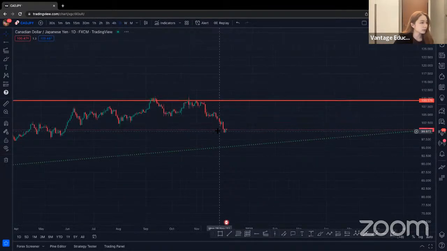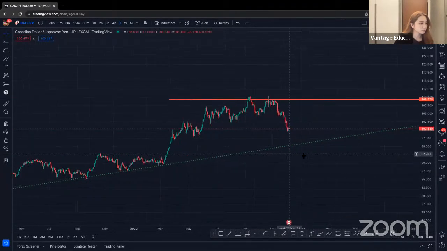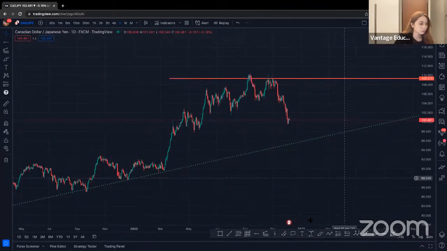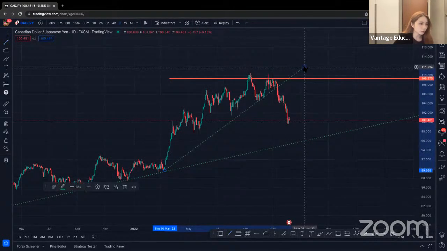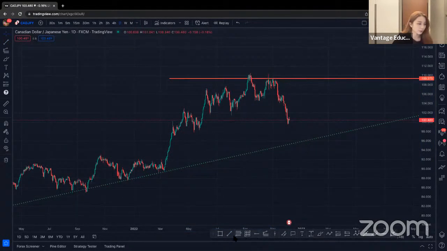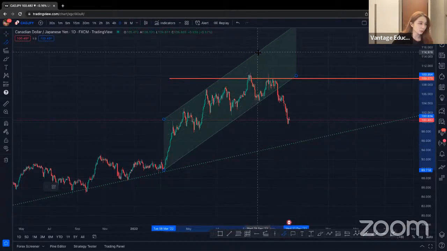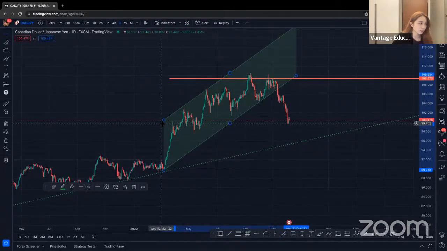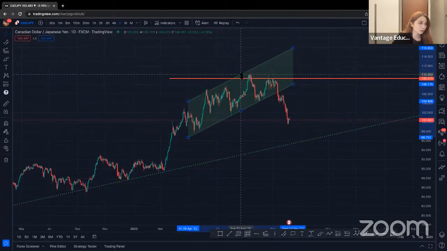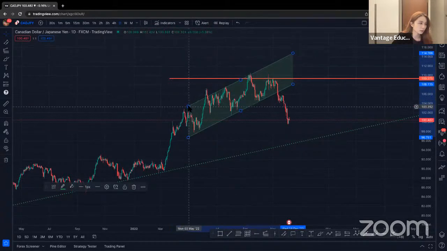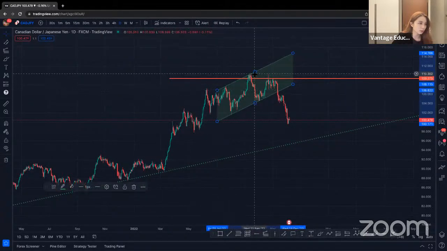Let's look at daily. So on a daily, it's a bit more obvious in a sense where it looks like an upward moving free fall, and then we have a channel that looks like this. A small one actually.